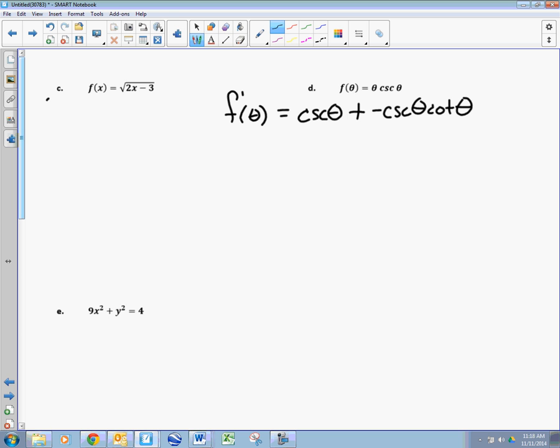Good job. Times theta. It's really tough when people write the times theta on the end there. Put it in front. That way we're not confused if it should be like a theta squared or something like that. So this answer is cosecant of theta minus theta cosecant of theta cotangent of theta.